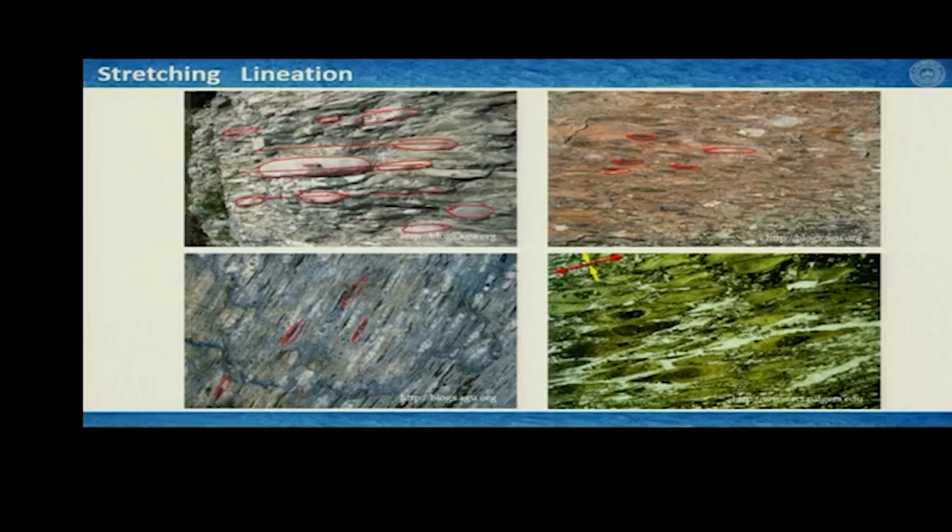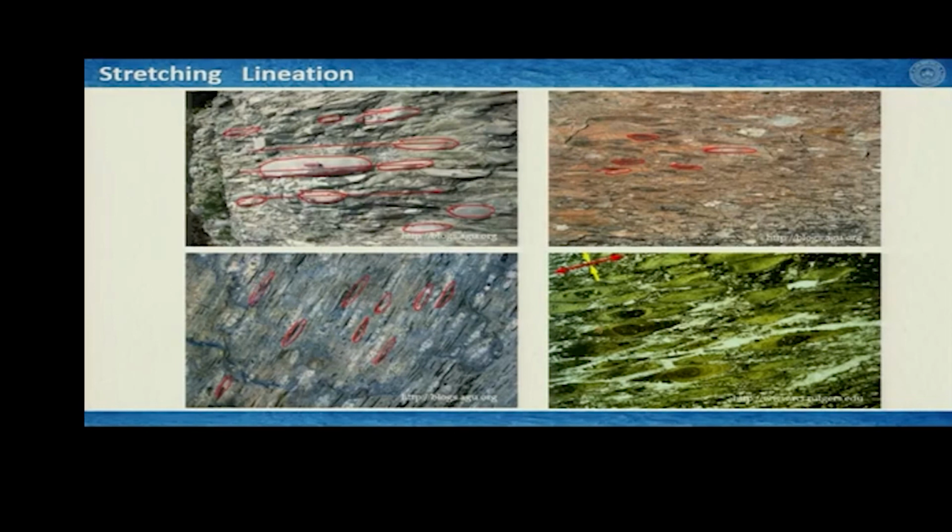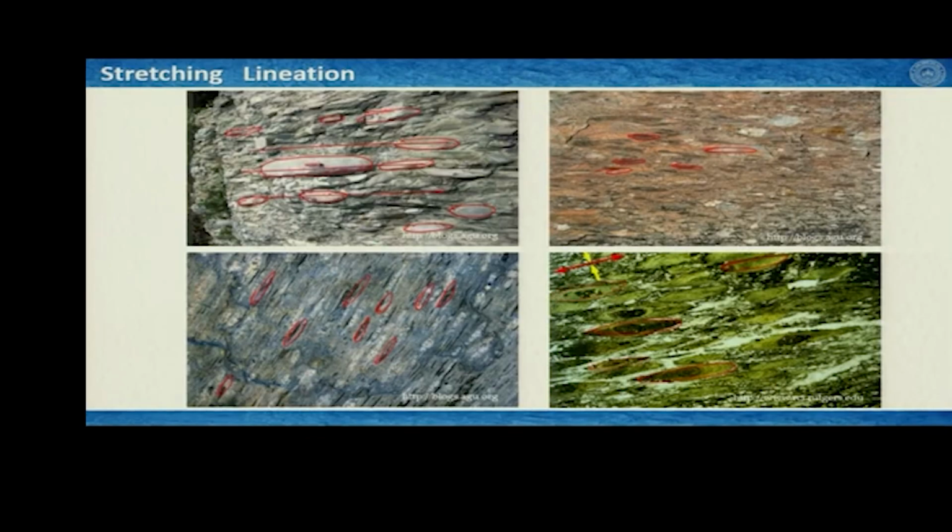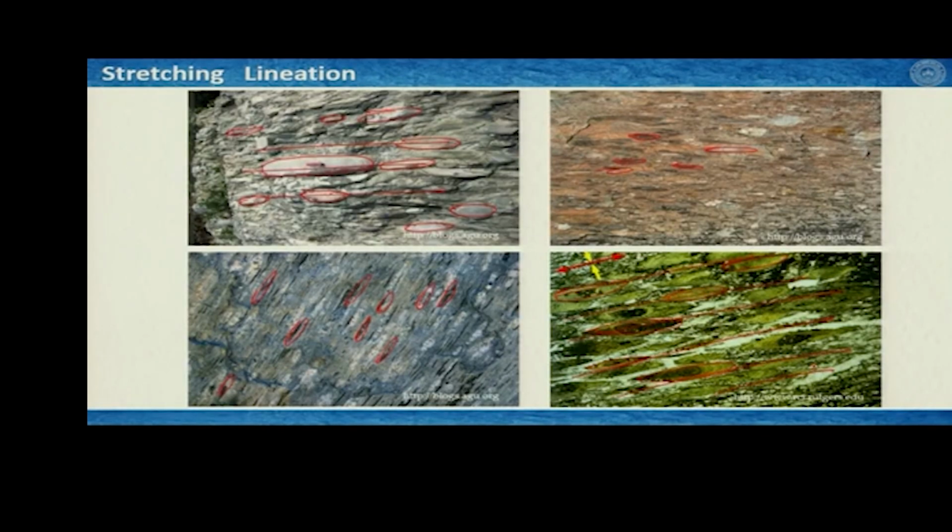It is a fantastic stretching lineation. These are old grains which got stretched during deformation, and even some voids in limestones. These were initially circular and they are now stretched to define a stretching lineation in this direction. You can also use this image for measuring your strain using the RFI method.